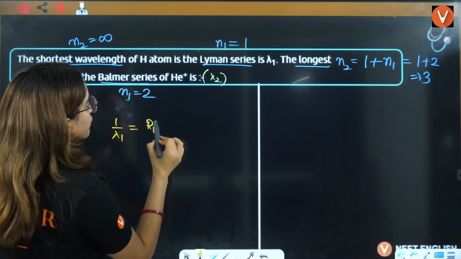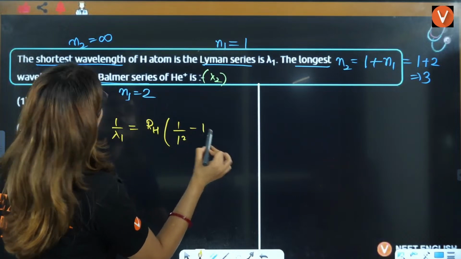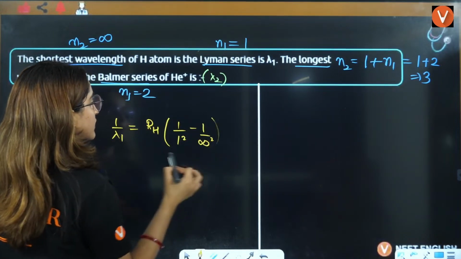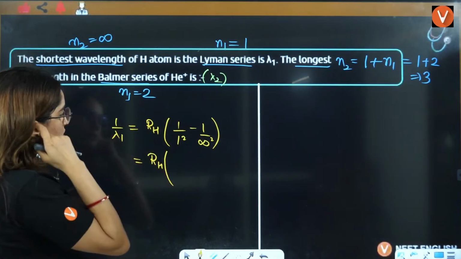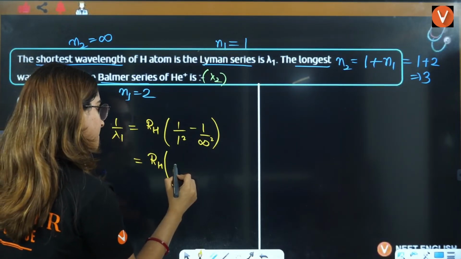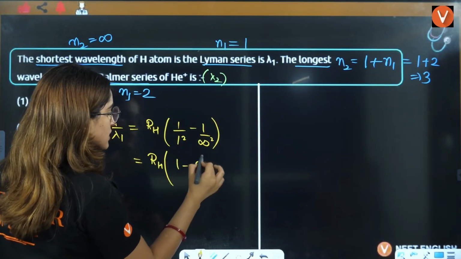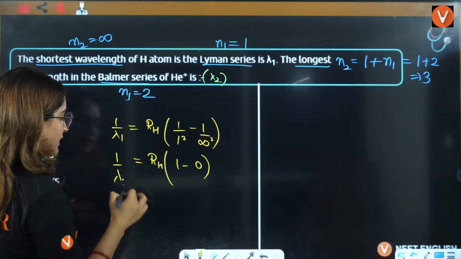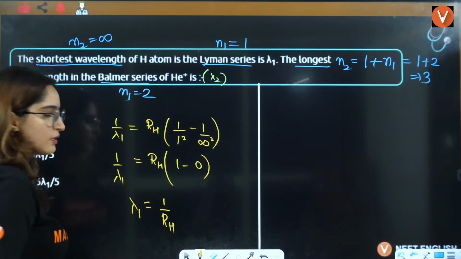In case of hydrogen atom, Z is 1, so it will be 1 by N1 is 1 square, N2 is infinity, right? So this is RH times 1 minus 0. So lambda 1 is equal to 1 by RH, right?